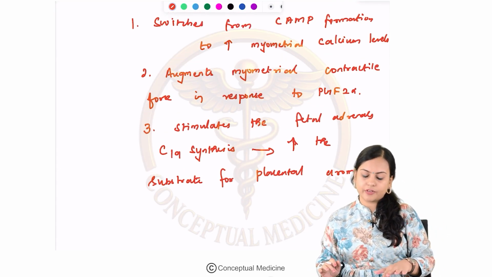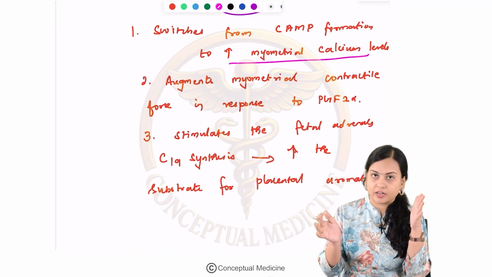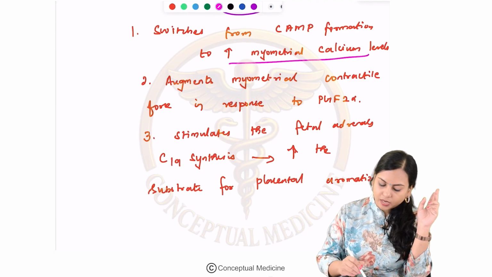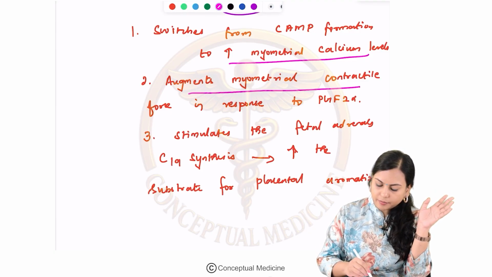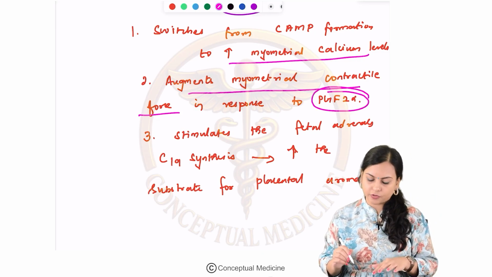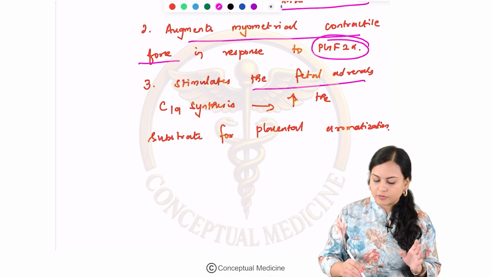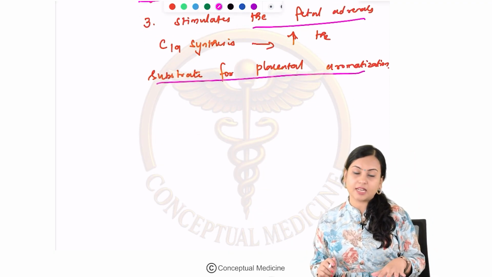Clear? So three functions. Number one, an increase in myometrial calcium levels. Number two, it augments the myometrial contractile force, with more response to prostaglandin F2 alpha. And it stimulates the fetal adrenal glands also, which is used as a substrate for placental aromatization.